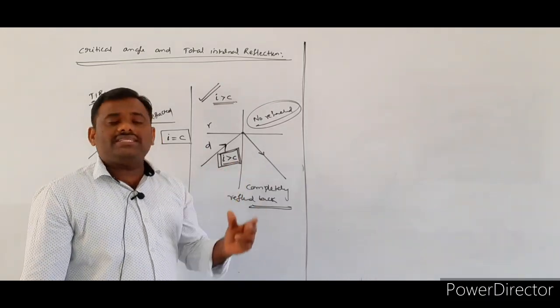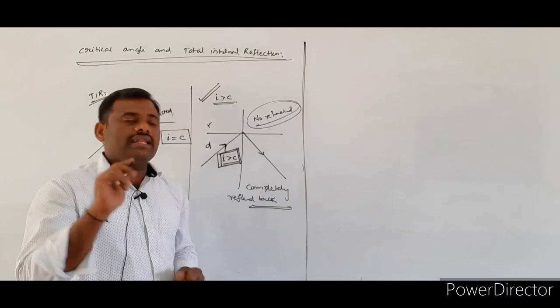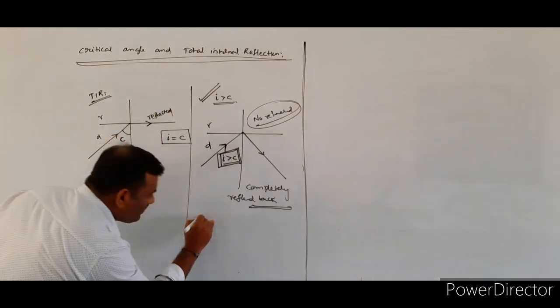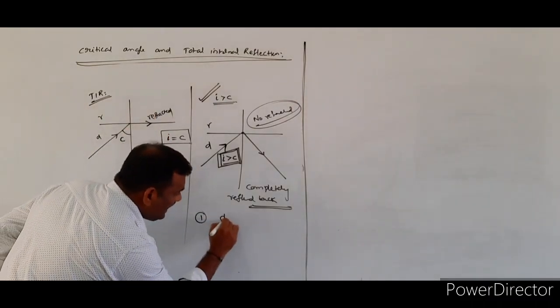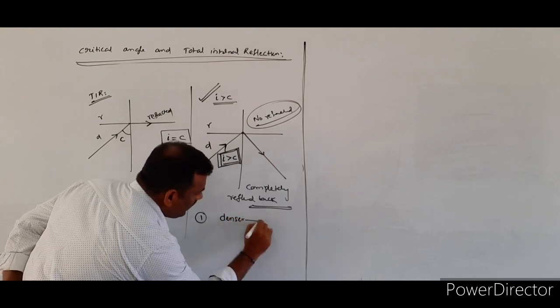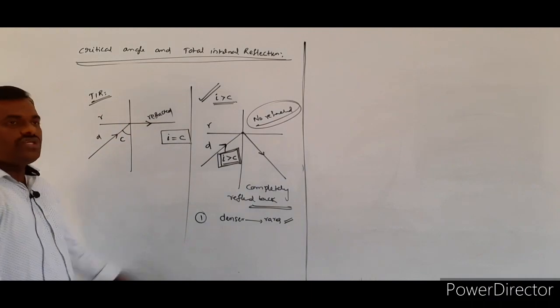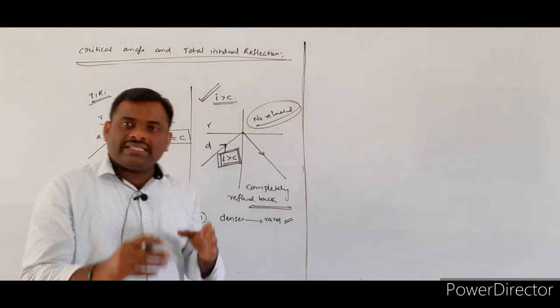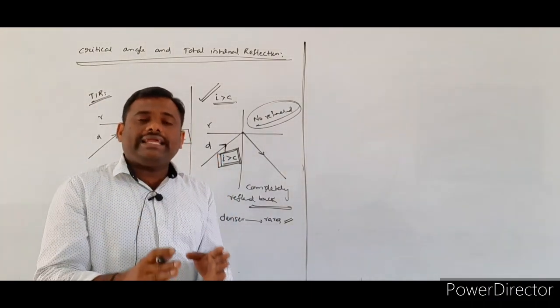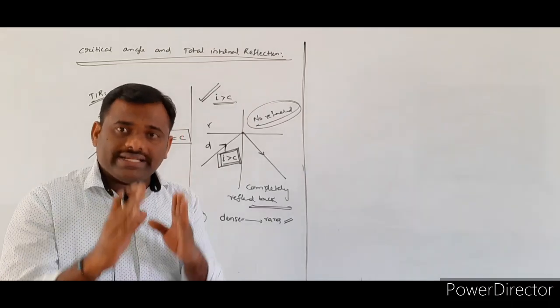So what conditions are required for total internal reflection? First, the light rays must travel from the denser medium to the rarer medium, so the incident ray must be present within the denser medium.